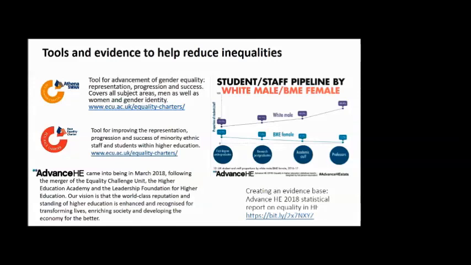It also, however, covers men, in recognition that you can't often have change without including men, but also recognizing that in some subject areas, men are also underrepresented, for instance, in areas of teaching, nursing, and veterinary sciences. So we're very much looking to encourage a better gender balance in terms of the intake of students, but also longer term in terms of the representation of men and women in senior roles, in academic committees and so forth. The Charter also covers professional and support staff now, as well as academic staff.